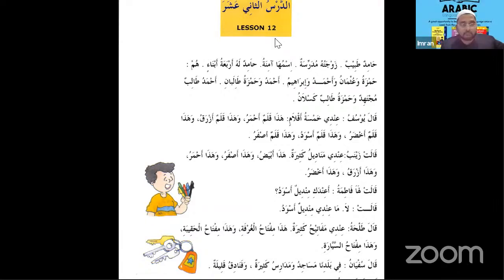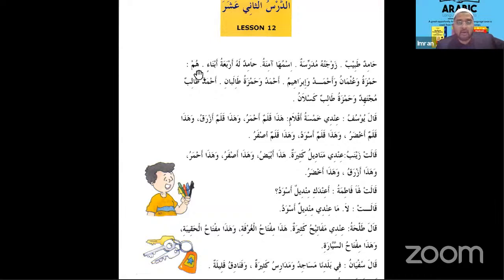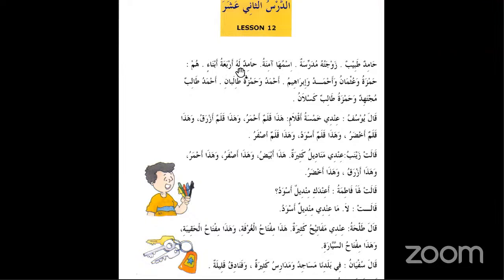Ismuha Aminatu. Her name is Amina. Ismuha is the subject and Aminatu is the predicate, but it's a dipto. Excellent. Then we have Hamidun lahu arba'atu abna'in.